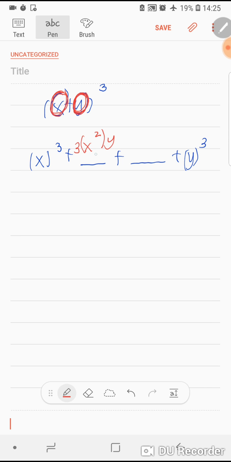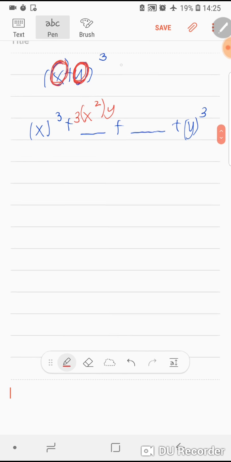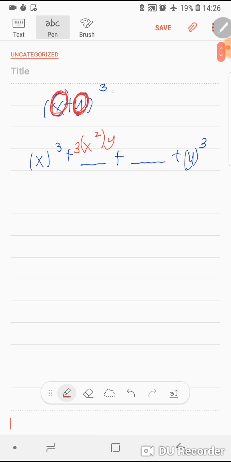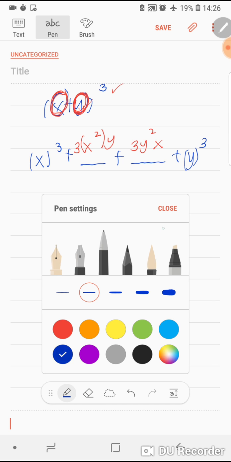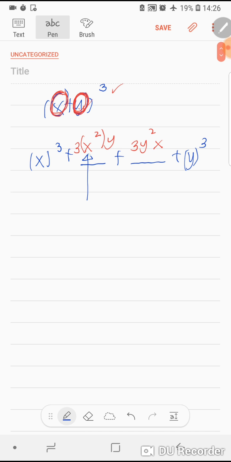So the same thing: 3 times y squared times x. Notice that these correspond to the x and the y here. They are taking turns on when they will be squared.